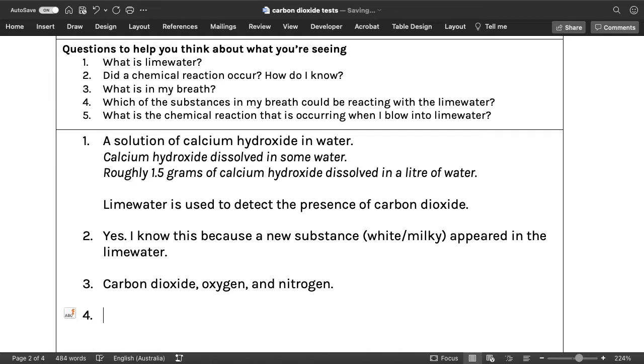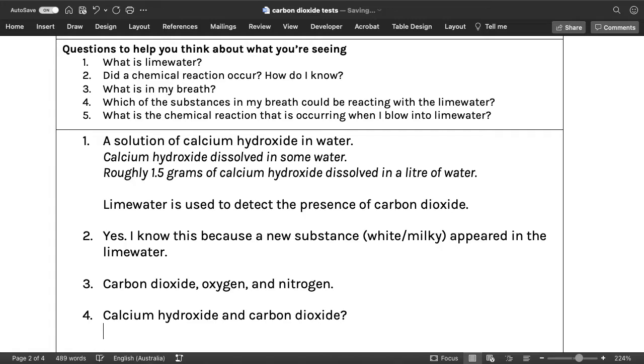Question 4 is which of these substances in my breath could be reacting with lime water? So now you need to figure out which one of these reacts with the calcium hydroxide. Is it going to be calcium hydroxide and carbon dioxide?